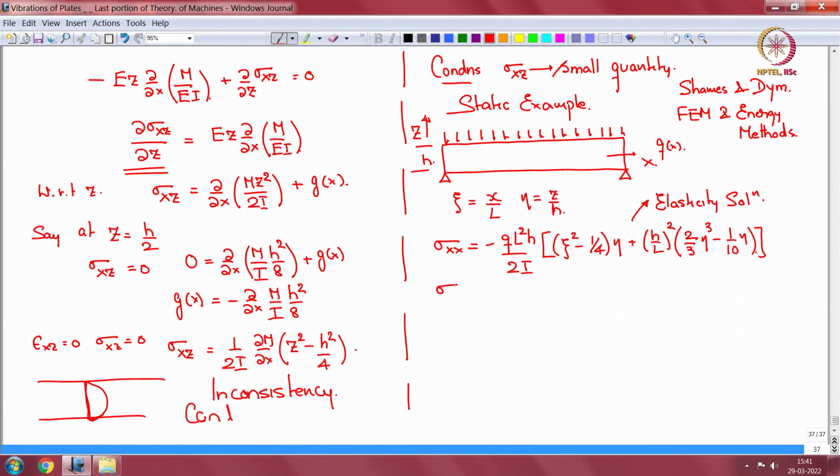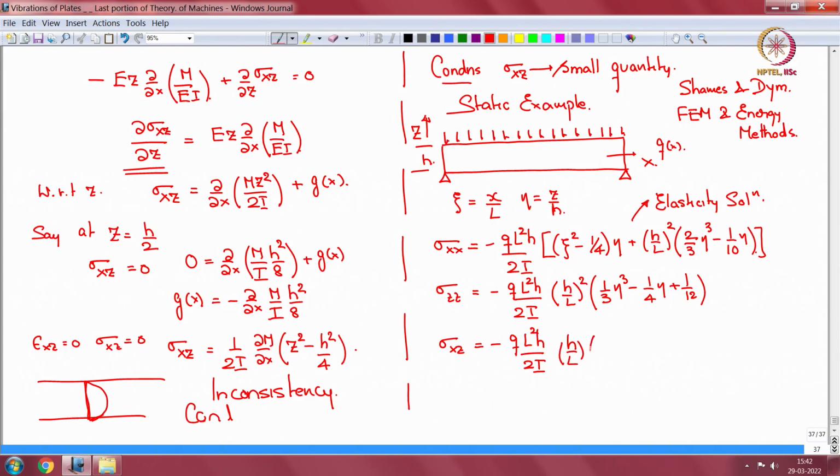Similarly, from the same full-blown elasticity solution, you get sigma zz given by minus q L square h by twice I, h by L whole squared into 1/3 eta cube minus 1/4 eta plus 1 by 12, and sigma xz is given by minus q L square h by twice I, h by L, 1/4 minus eta square into z.